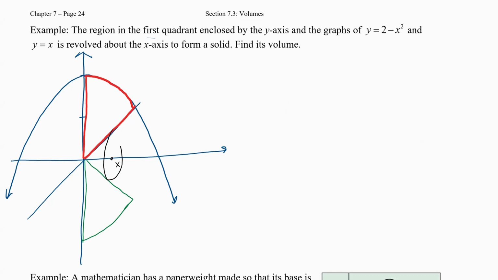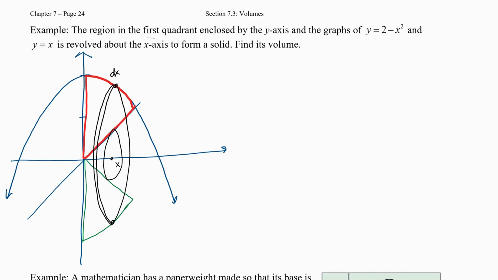That point on the red curve would go and become the point on the green curve, from a corresponding point to a corresponding point. And again, this cross-section has a little bit of thickness, and that thickness is dx.